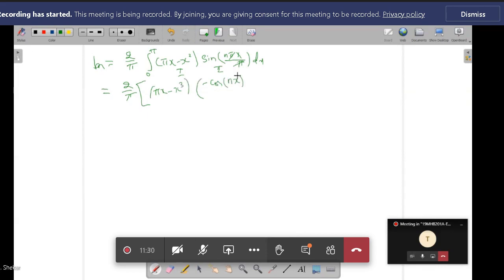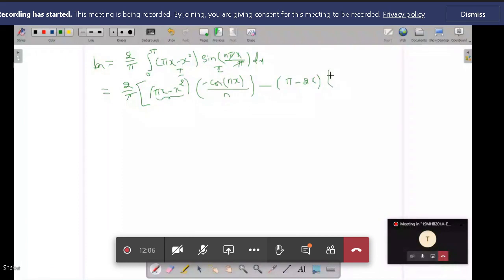So here pi is cancelled. Sir, divided by x square, no sir. I'm sorry, x square, correct. Thank you. So this is pi x minus x square into integration of sine, which is minus cos nx divided by n, minus derivative of pi x minus x square, which is derivative of pi x is pi minus derivative of x square is 2x, into integration of cos.